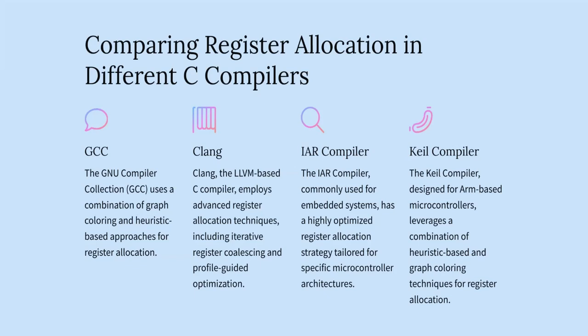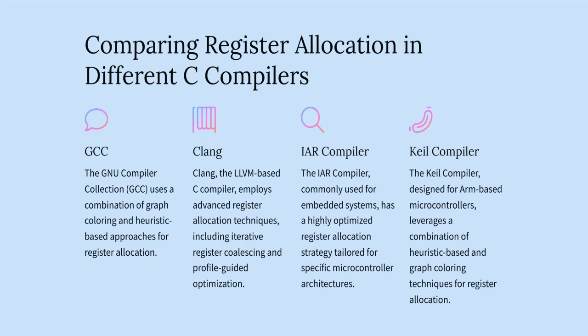Comparing register allocation in different C compilers. So usually in laboratories we use the Keil compiler. So we'll see how the register allocation works in different compilers. GCC. The GNU compiler uses a combination of graph coloring and heuristic based approaches for register allocation.